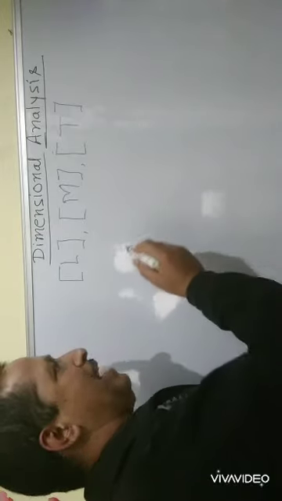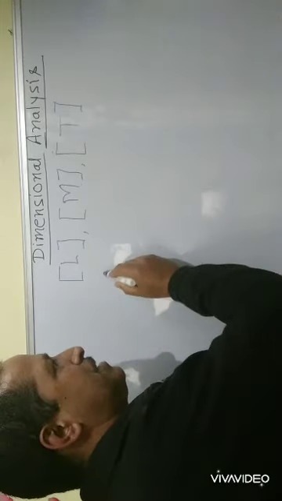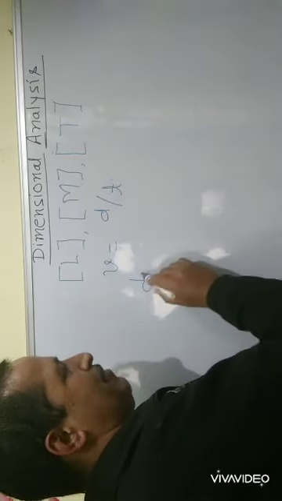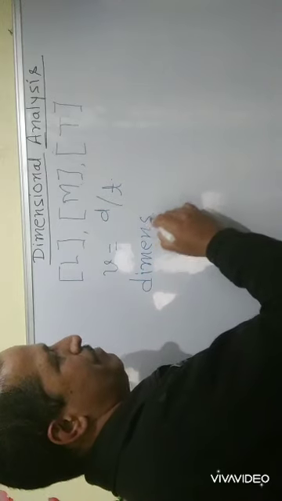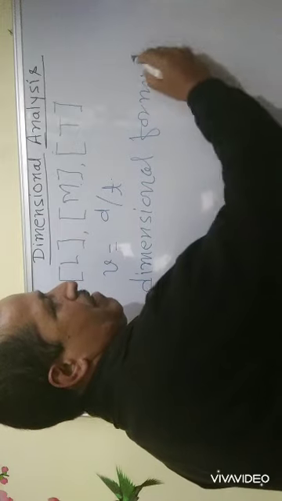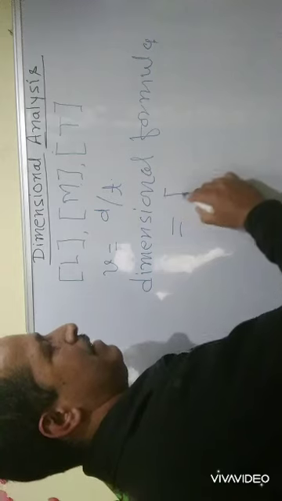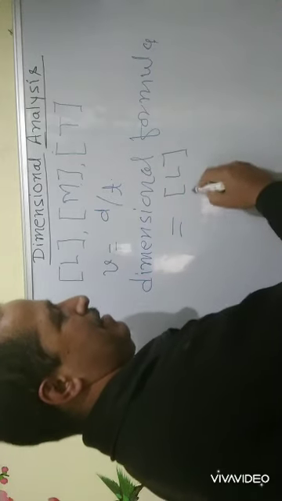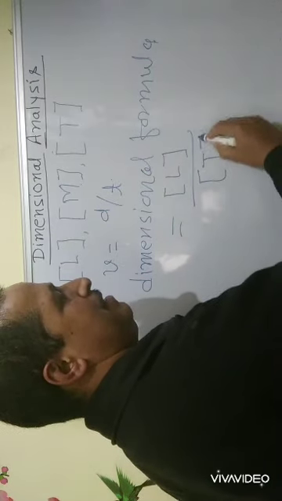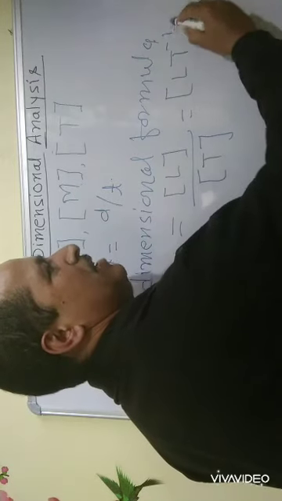For example, if I have to find out the dimensional formula of speed, then we know that speed equals distance upon time. So the dimensional formula of speed will become the dimensions of d, which is length actually, L capital, upon the dimensions of time, that is capital T. It becomes L T minus 1.